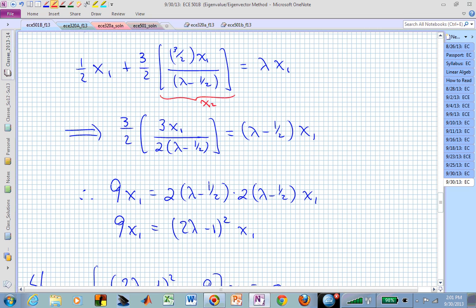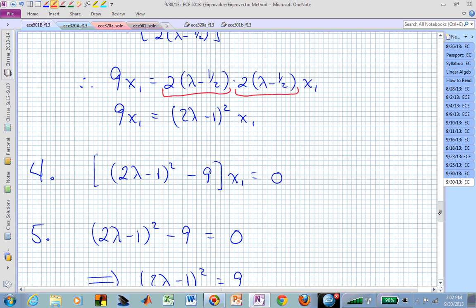If we clear the denominator expression on the left-hand side, which is multiplying by 2 times lambda minus 1/2, we end up with two terms that are the same. If we now distribute that 2 inside that parenthetical expression, we end up with 2 lambda minus 1 quantity squared times x1 is equal to 9 x sub 1.